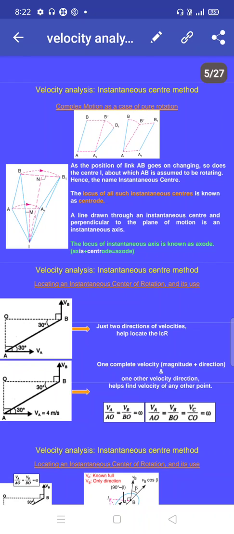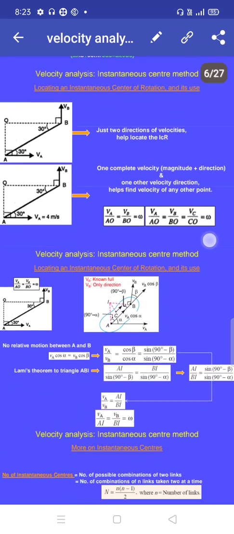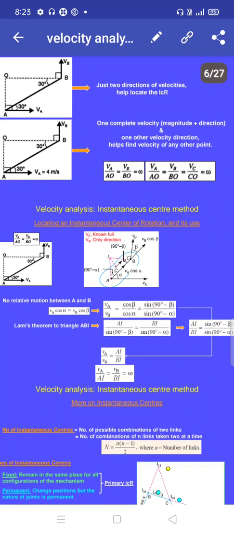From the picture, VA by AO is equal to VB by BO, which is equal to the angular velocity omega. So VA divided by AO is equal to VB by BO is equal to VC by CO is equal to omega, the angular velocity.